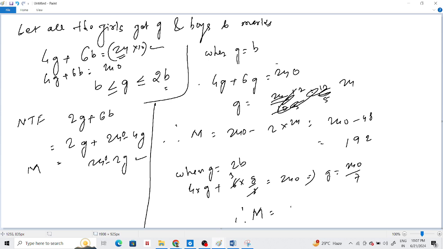Therefore, what is M? M is 240 minus 2 times 1 minus 7 by 2, that is 5 by 7, right?